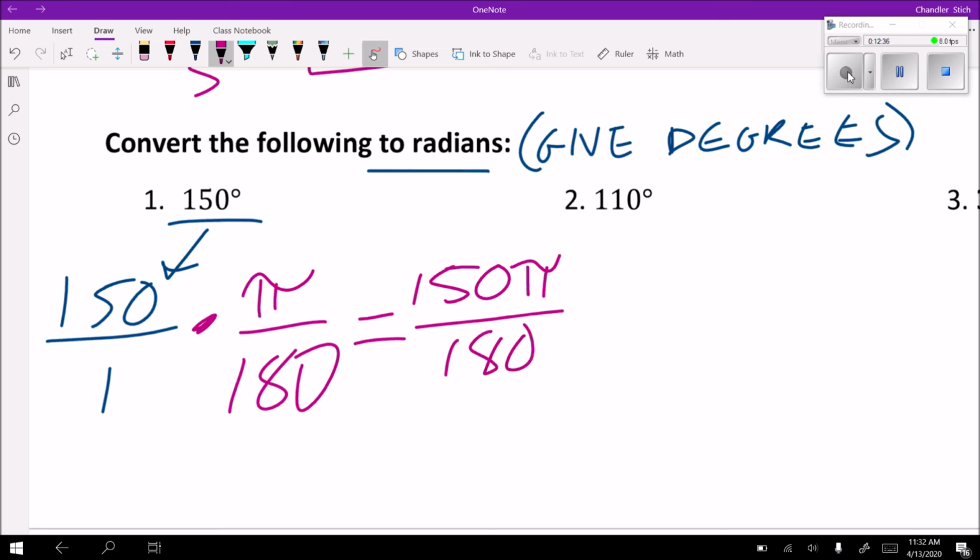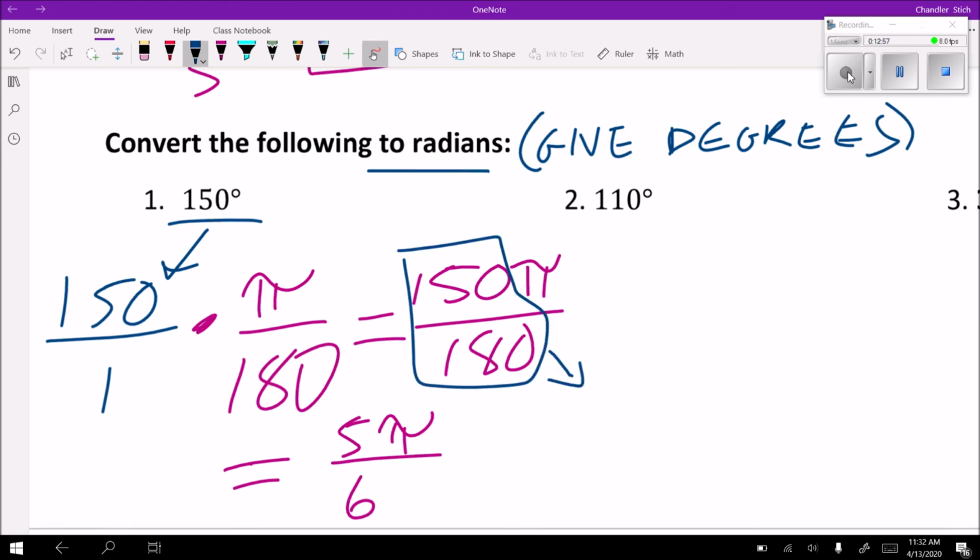Okay, well, obviously the pi is not going to cancel. 15 over 18, I can simplify this. This would be 5 over 6, 5 pi over 6, because the pi is not going to go anywhere, but I take 150 divided by 180.